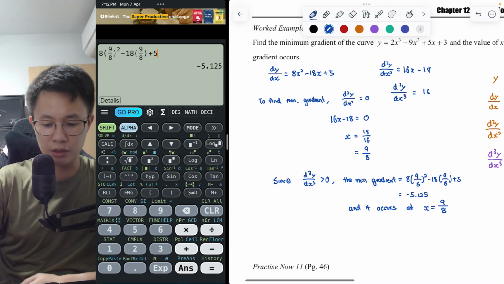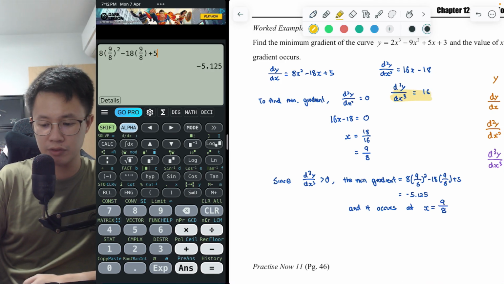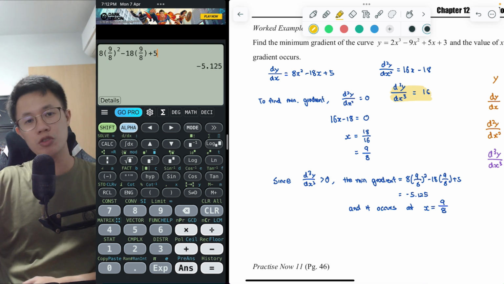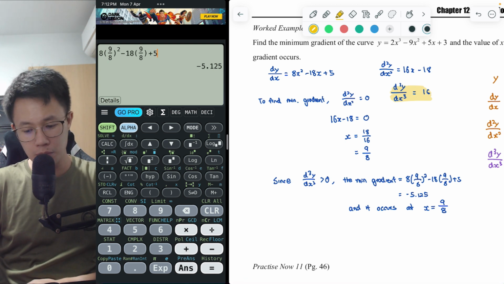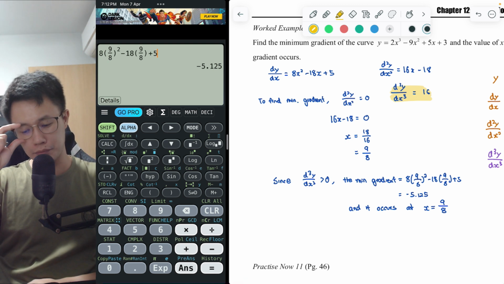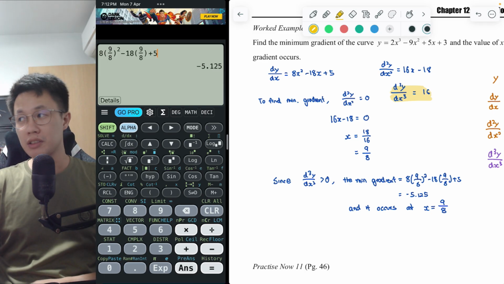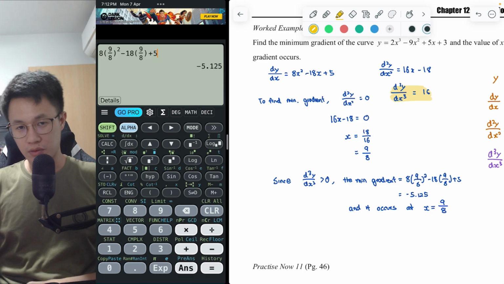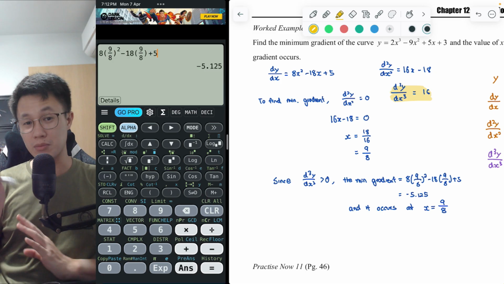Why is the second derivative test for dy dx important? You need to show that it's a minimum, because remember, when we are finding gradient, we will usually set dy dx equal to 0. That doesn't really tell us whether it's a minimum or maximum.